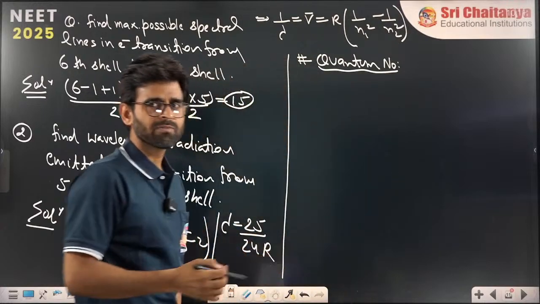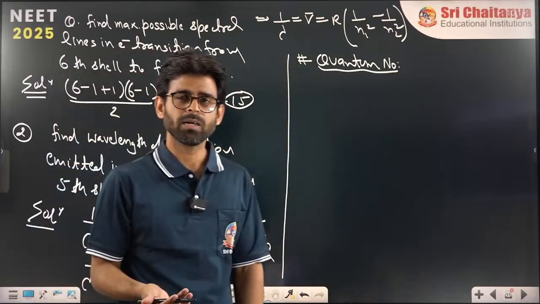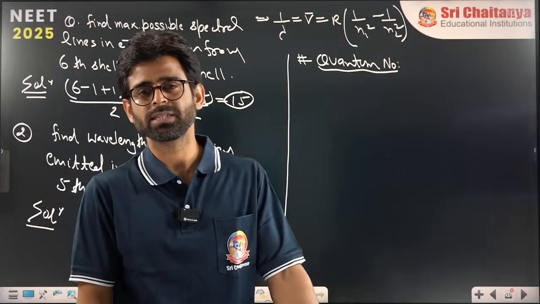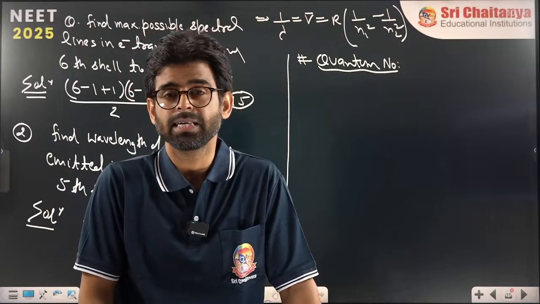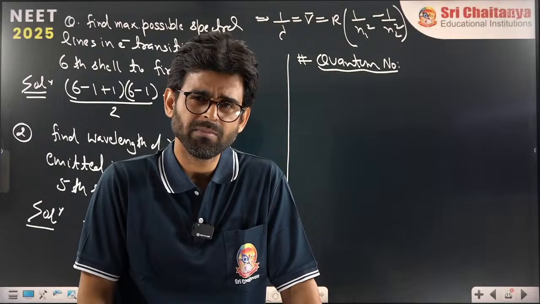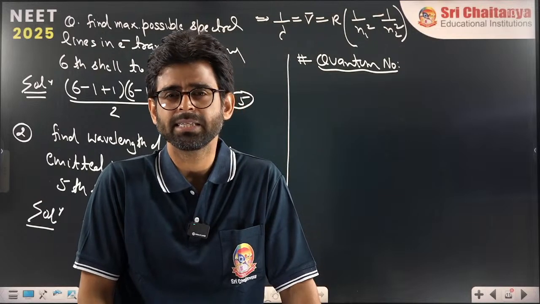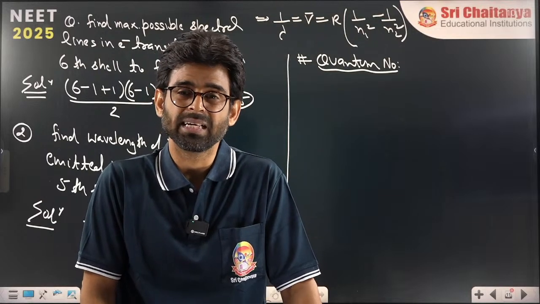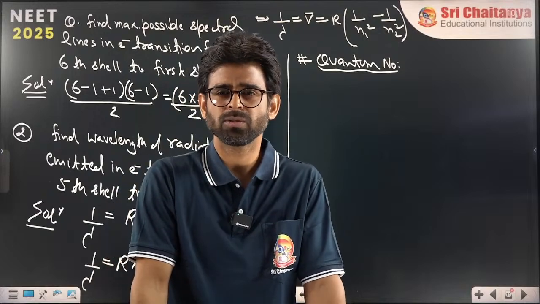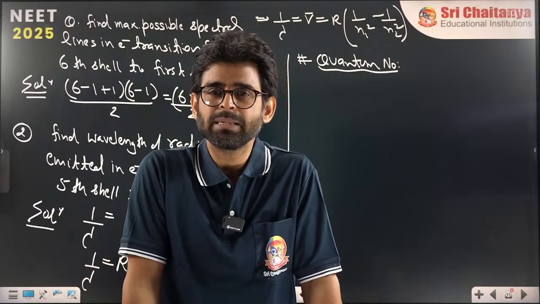So quantum numbers, if you see, after the Bohr model, then Erwin Schrödinger and Heisenberg gave the quantum mechanical model of atom, where they said clearly that it is not possible to find the exact position of electron. So they bet on the probability.